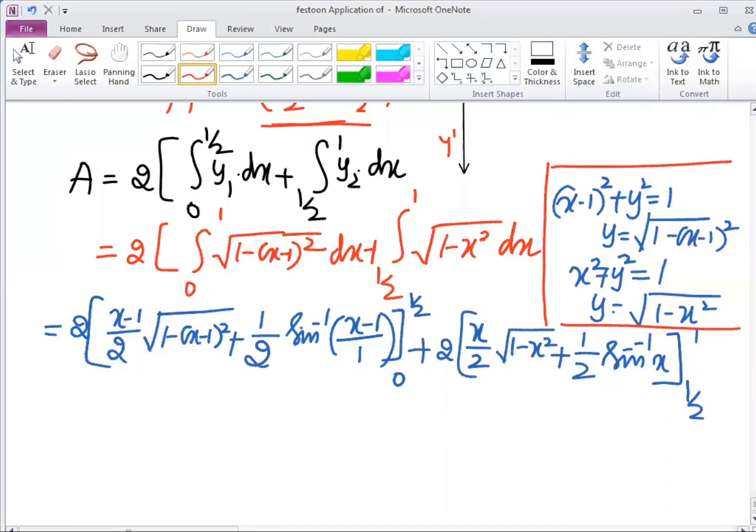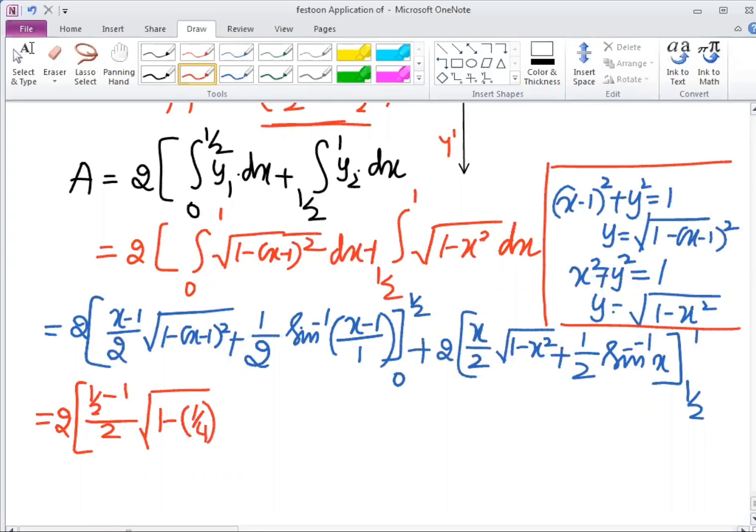Okay, further if I continue this, let us apply the limit here. That is equal to 2 into, here x value is half, minus 1 by 2 square root of 1 minus (1 by 4) whole square.